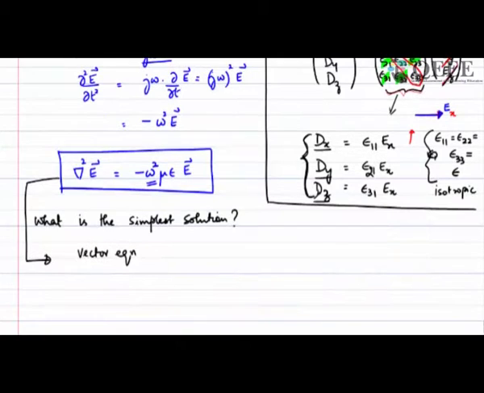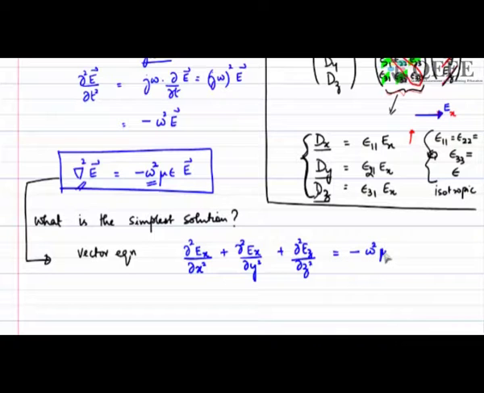So this equation actually means the following: del square Ex by del x square plus del square Ex by del y square plus del square Ex by del z square equal to minus omega square mu epsilon Ex.